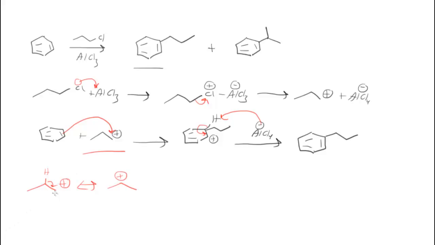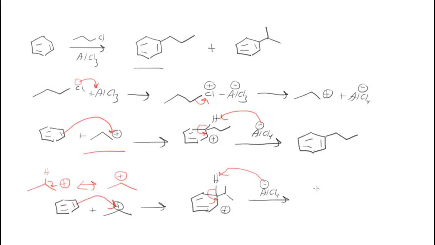So if that happens, and now we have our benzene ring reacting with the more stable secondary carbocation, it will form the isopropyl benzene product. That's how we explain the two products that we get through Friedel-Crafts alkylation.